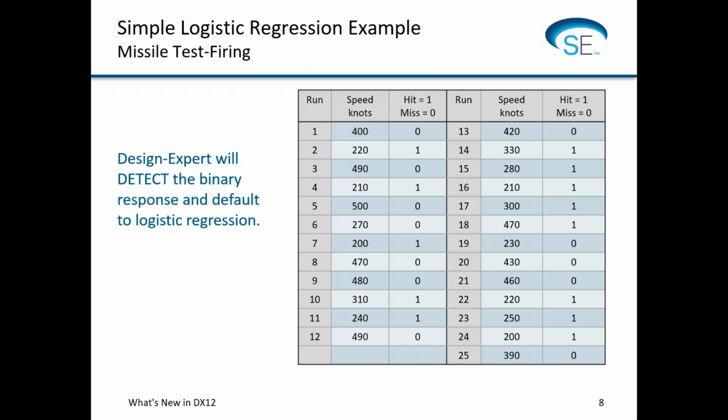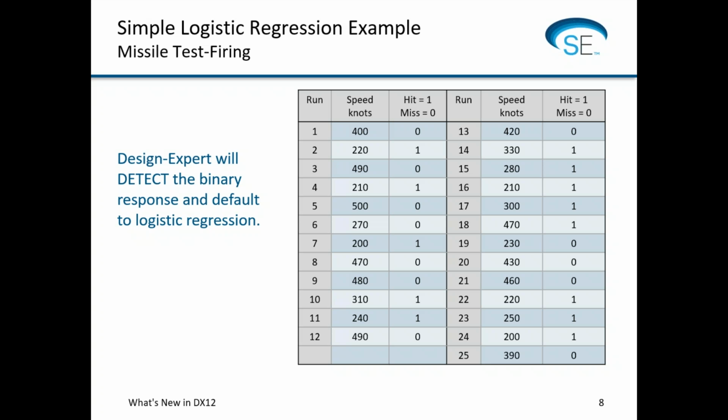So here's the data set. For instance, run 1, we are flying our airplane at 400 knots, and the missile misses us. Yay. In run 2, we are flying at 220 knots, and the probability of the missile hitting us is a 1. It hits.